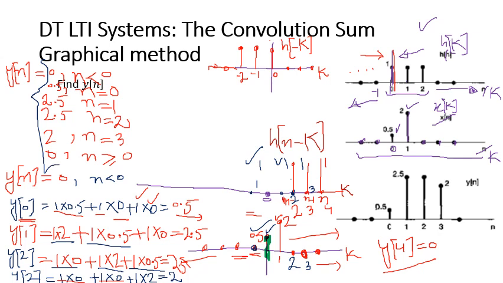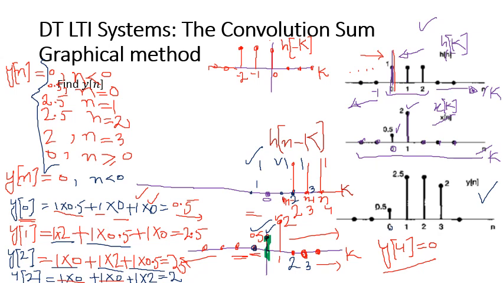So I hope this gives you an idea how we can use the graphical method to find the convolution integral, convolution sum. Okay, so the resulting signal y of n is plotted here. You can see before 0 it is 0, and after 3 it is 0.